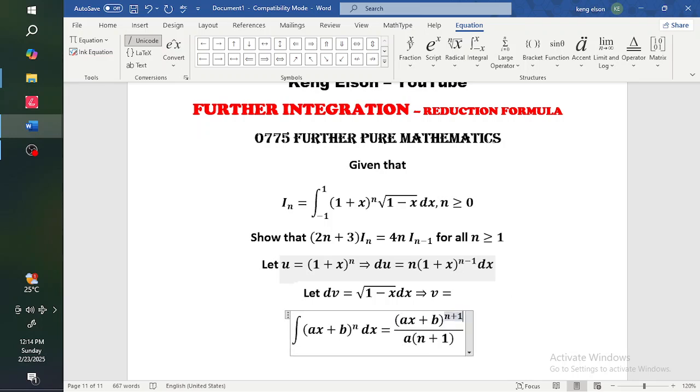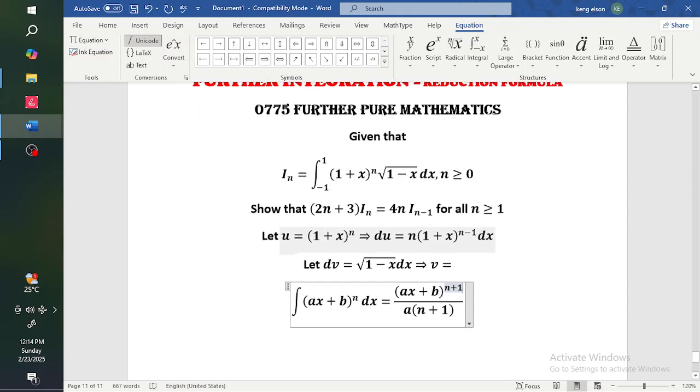Forget about the constant of integration for now. Normally we need to add it, but let's just forget about the constant. So when you integrate a linear function raised to a certain power, this is what you do. This does not work when you have quadratic or whatsoever. It works only for linear functions.